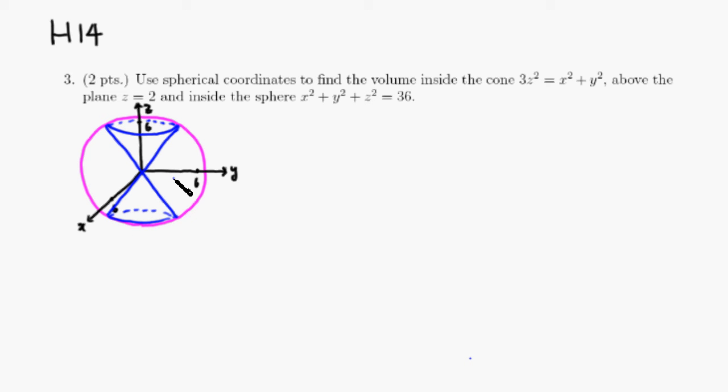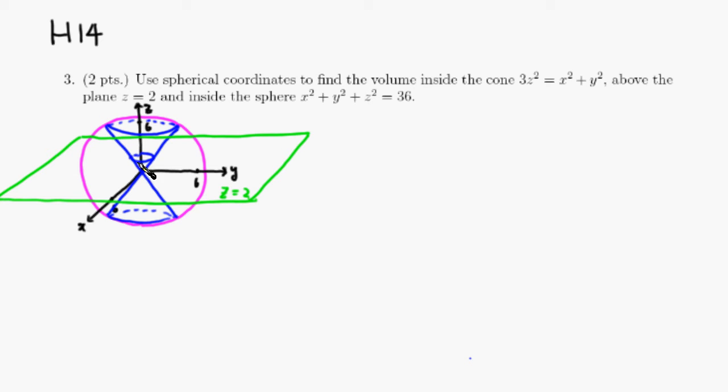And then it has to be above the plane z equals 2. So you have a plane over here. This is z equals 2, and it will probably cut it around here.